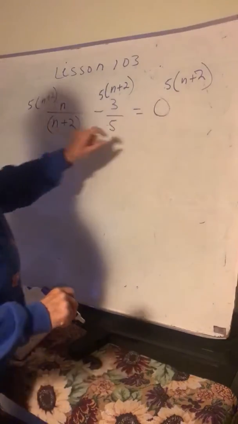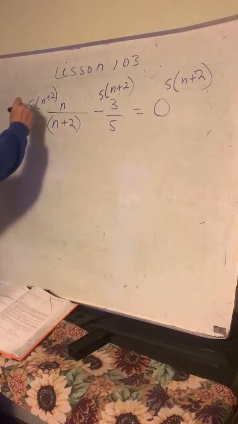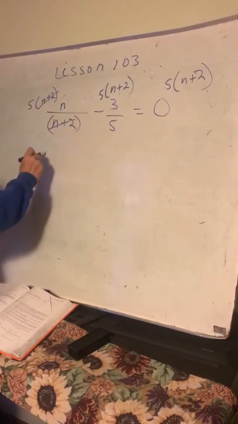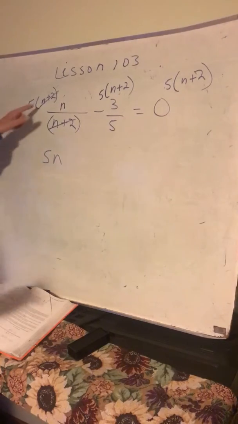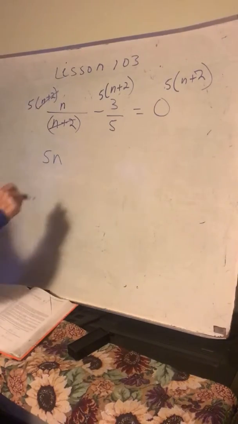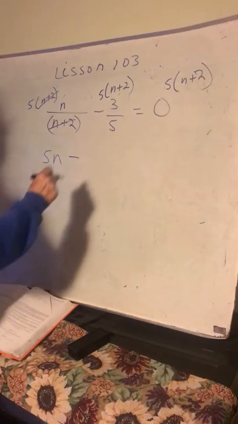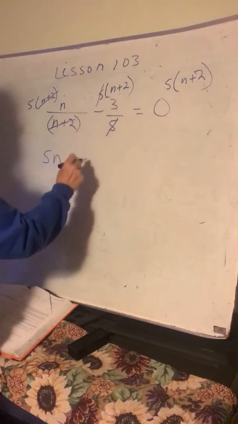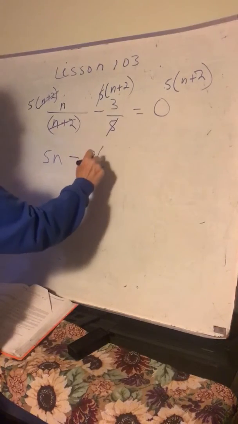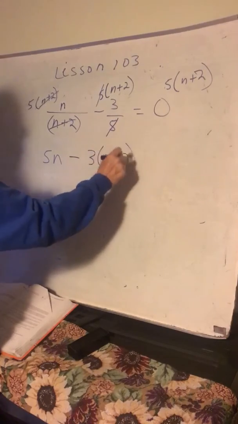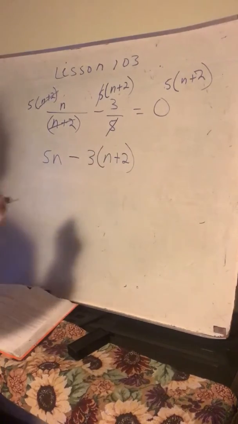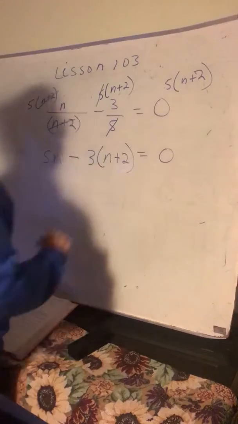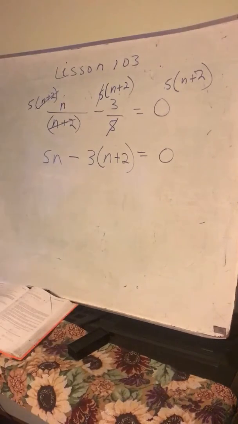This, we eliminate this, and we get 5n. So we've canceled out the denominators there. Here we're going to do this and this, so we get minus 3(n plus 2). And here we get 0. 0 times that's 0.